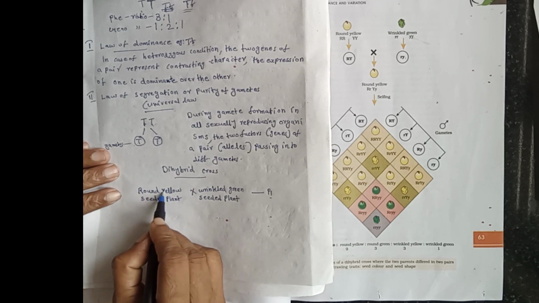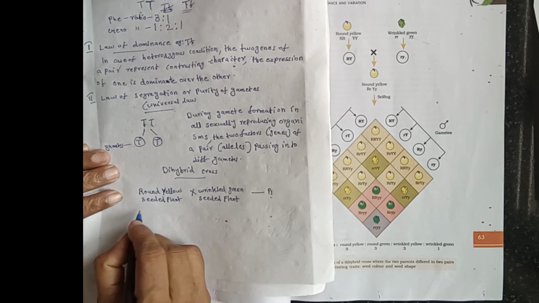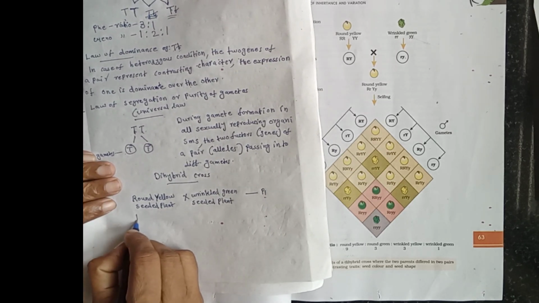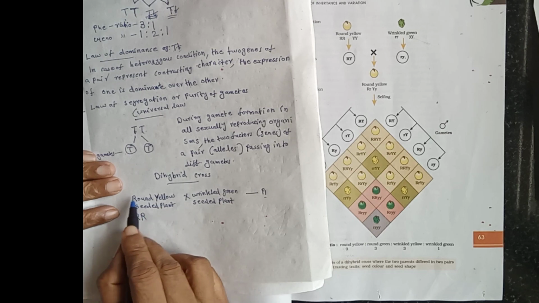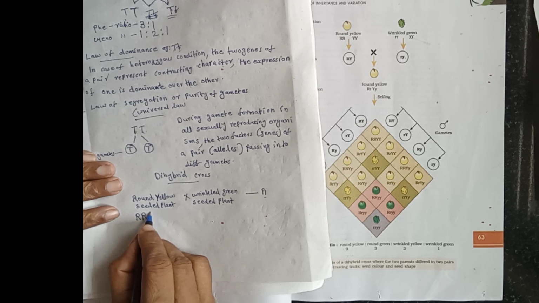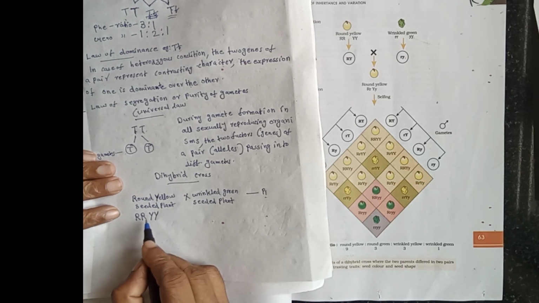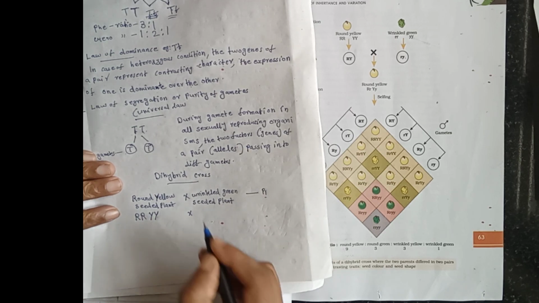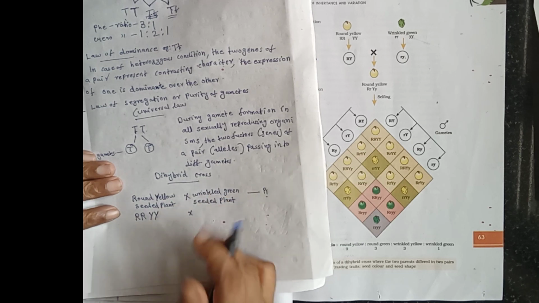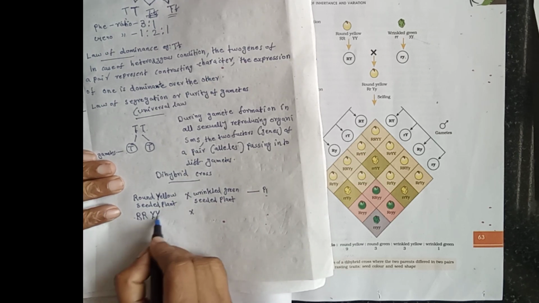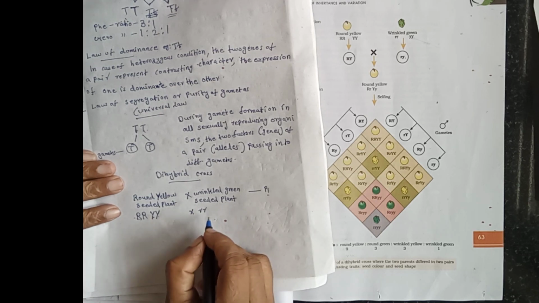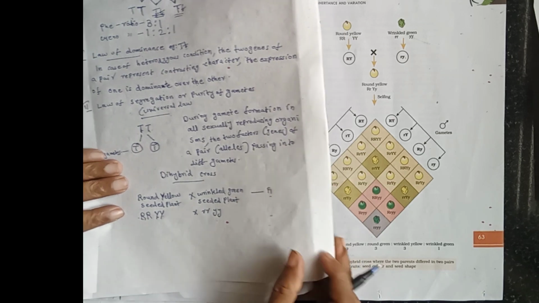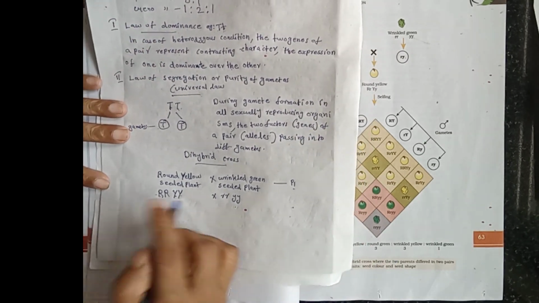The first letter of the dominant character is taken, so capital R is the allele that represents roundness, and the yellow color of the seed is also controlled by a pair of genes, capital Y. In the recessive case we take the small letters, small r for wrinkled and small y for green.